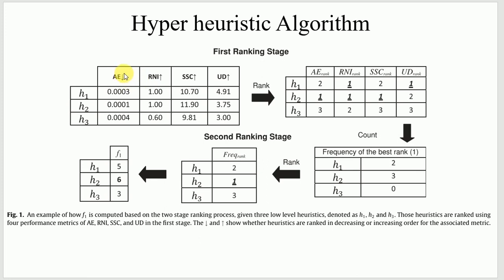So the upward arrow beside UD means that the highest value among these three heuristics will be ranked as the best heuristic. So among these three heuristic, the value of 4.9 is the highest. So H1 will be ranked the best heuristic, as we can see.